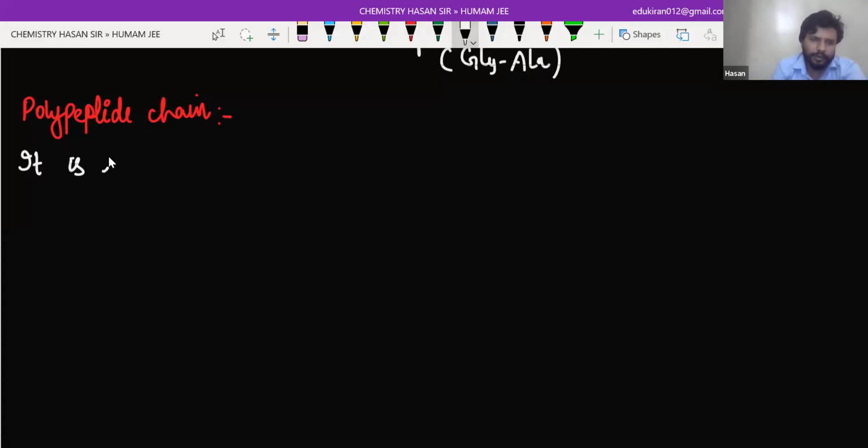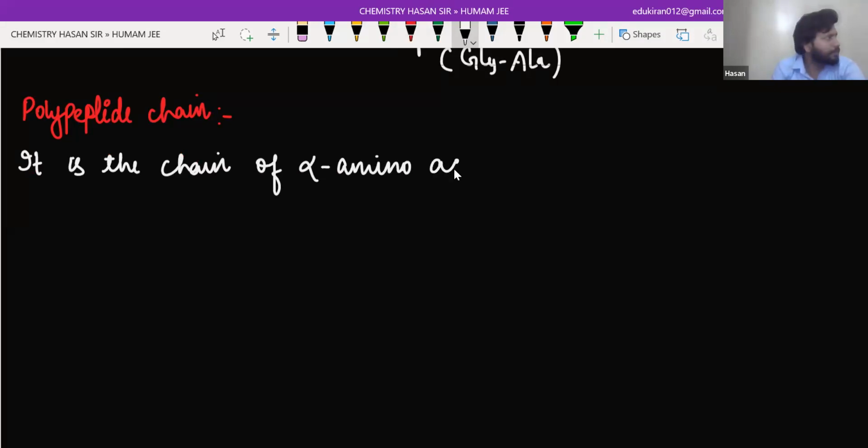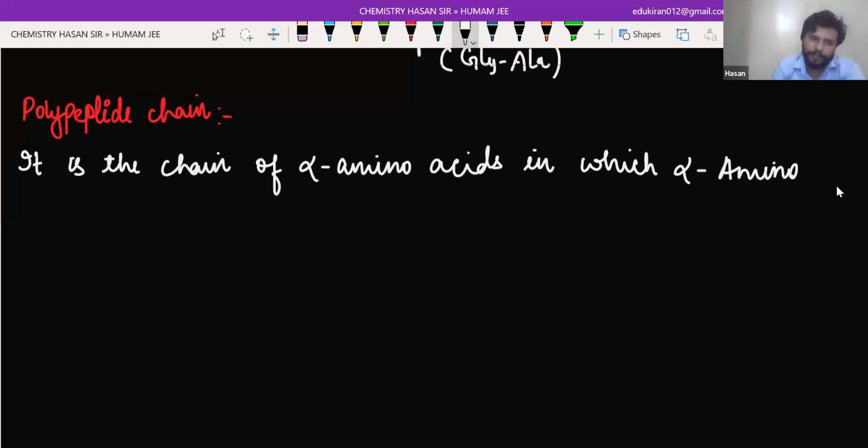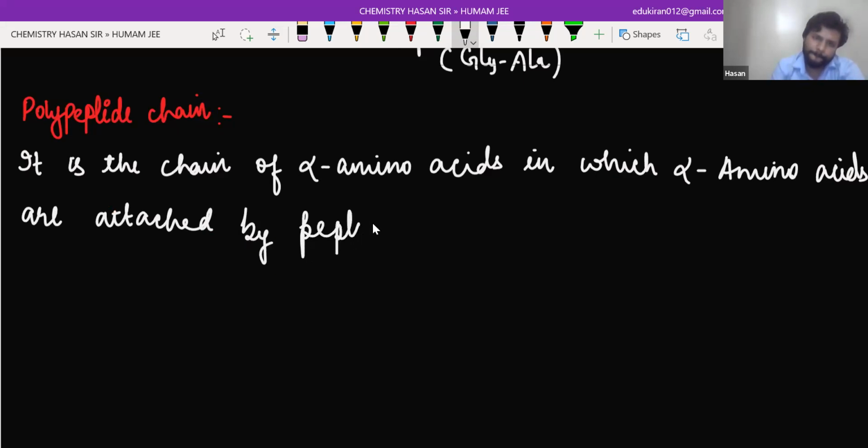We can write, it is the chain of alpha amino acids in which alpha amino acids, poly means many, are attached by peptide bond or peptide link.